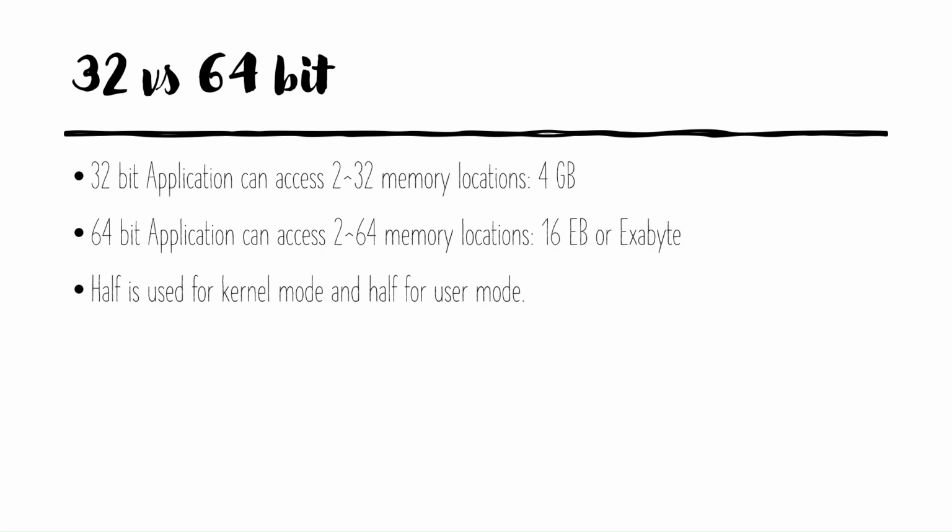Half of it is allocated to the user mode, which is exclusively used by the application, and half of it is used by the kernel. In your operating system, we have user mode and kernel mode, right? Some of the very important modules which need high privileges run in kernel mode.